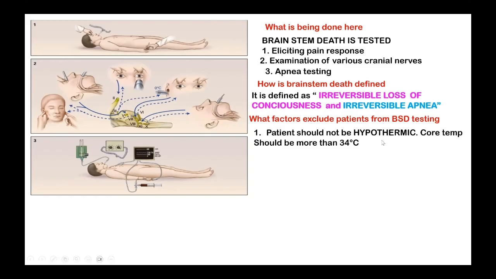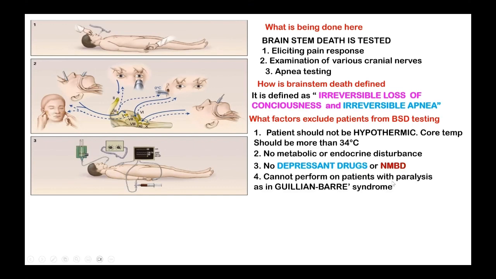They should not be hypothermic, first and foremost. And no metabolic or endocrine disturbance should be there. No depressant drugs or neuromuscular blocking agents should have been used, and it cannot be performed on patients with paralysis as in Guillain-Barré syndrome.